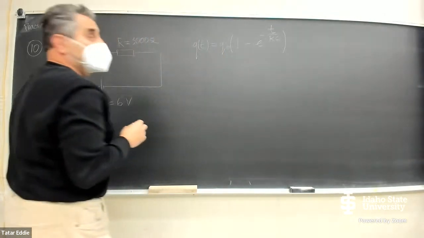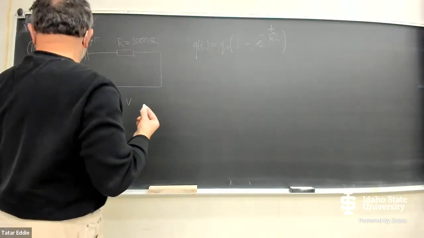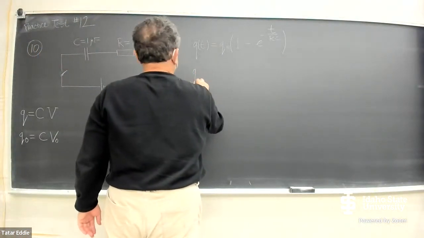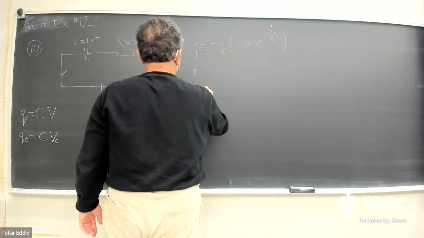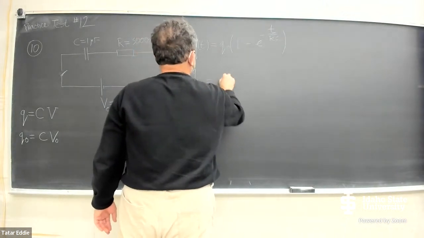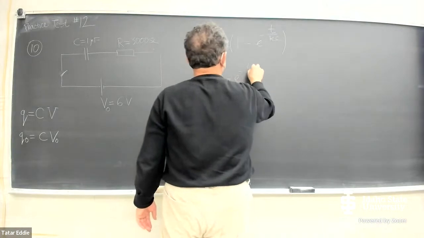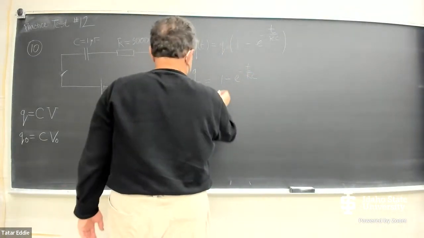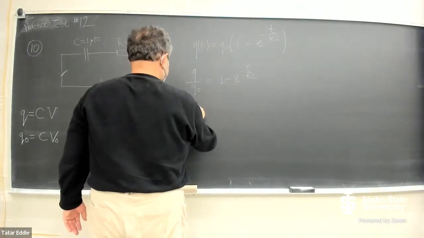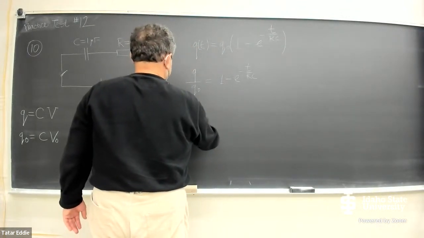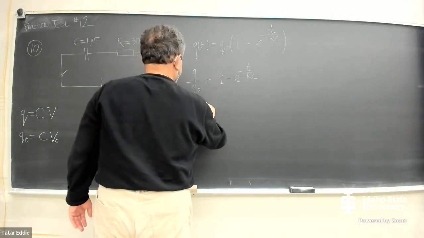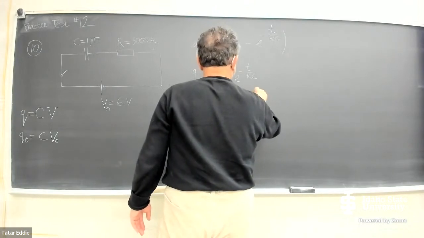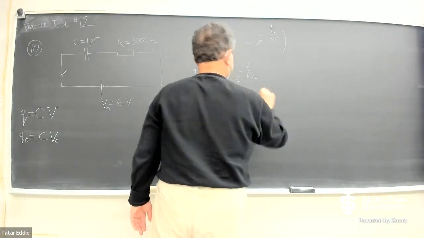So now, if you have the value of Q and the value of Q naught, the expression is going to look like this: Q divided by Q naught is equal to 1 minus e to negative t over RC. And after moving the 1 to the other side of the equation, you get Q divided by Q naught minus 1 is equal to negative e to negative t over RC.